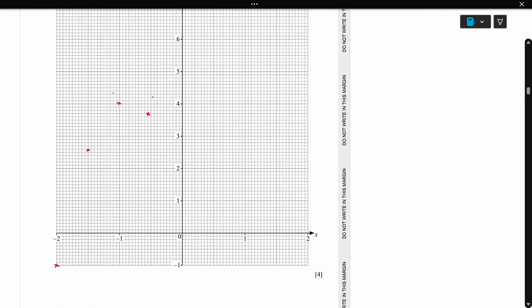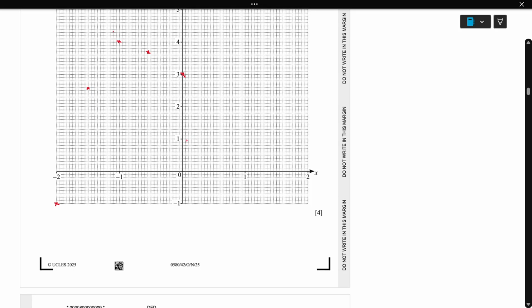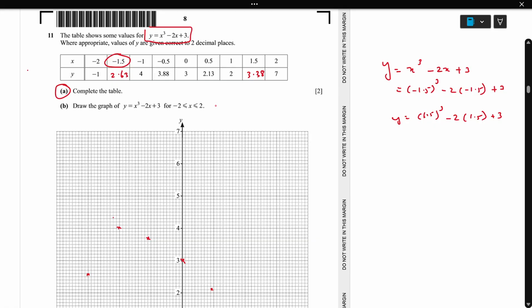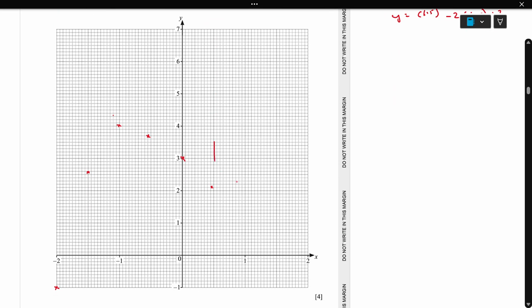Then 0 comma 3 is here. Next, 0.5 and 2.1 is here. And 1 comma 2, 1 and 2 over here.